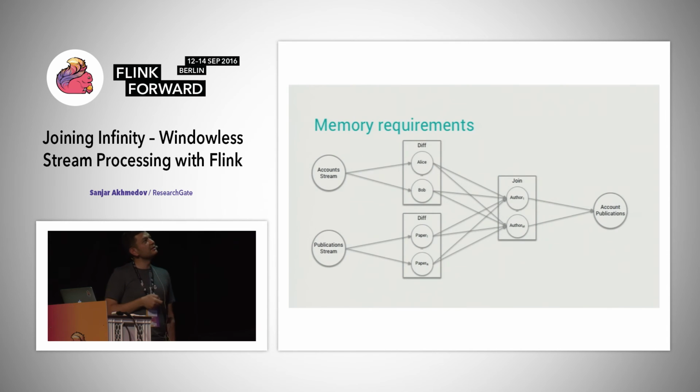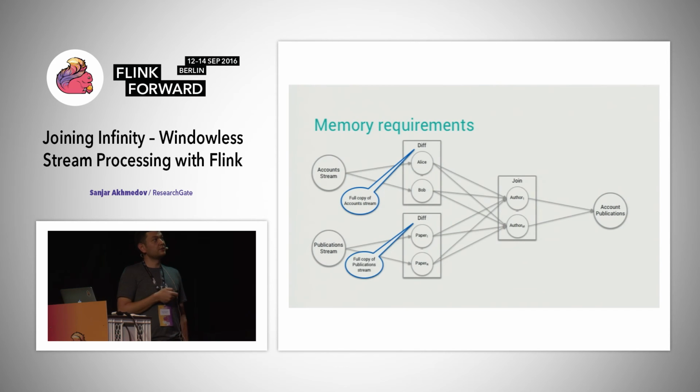Then let's see the memory requirements. Obviously, we have to have a full copy of the account stream here to have a previous value. And we should have a full copy of the other stream here to, again, do a diff and route the inserts and deletes.